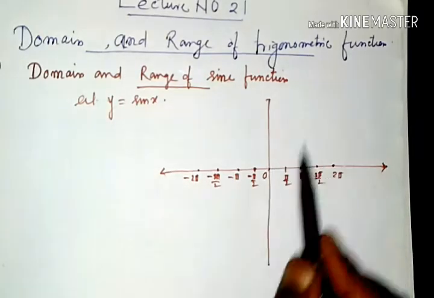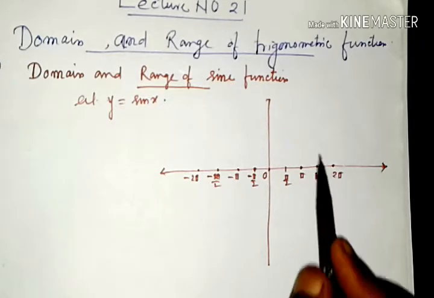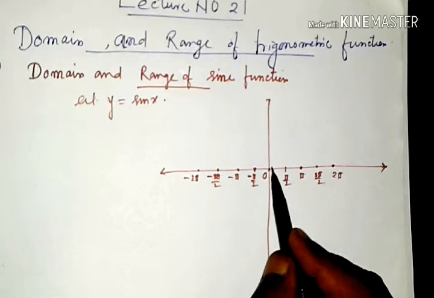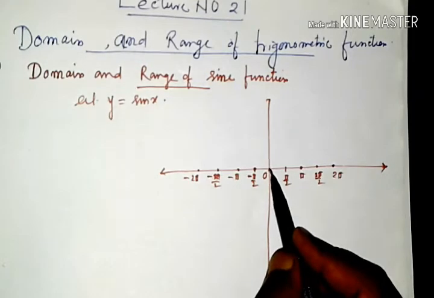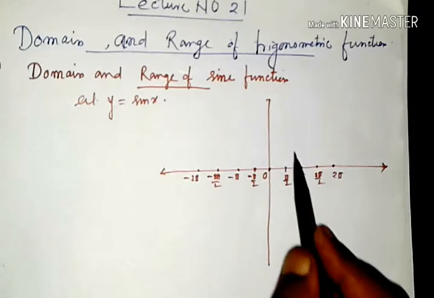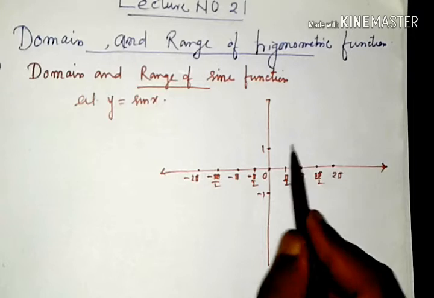We have seen that sin 0 is 0 and sin 90 degree is equal to 1. If we draw, putting the values of x, we get a curve. This is 1, this is minus 1.